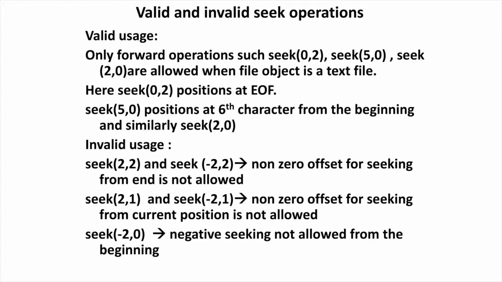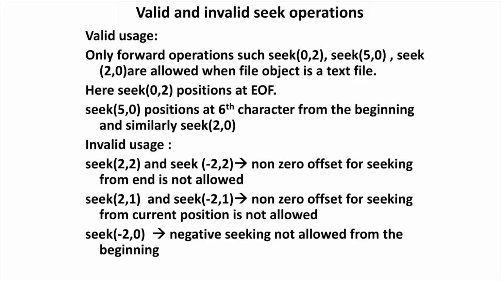Only forward operations such as seek(0, 2), seek(5, 0), seek(2, 0) are allowed when the file object is a text file. Here seek(0, 2) positions at the end of file. seek(5, 0) positions at the 6th character from the beginning, and similarly for seek(2, 0).